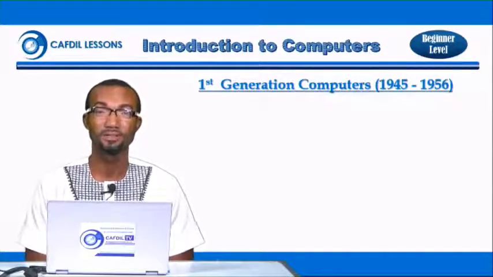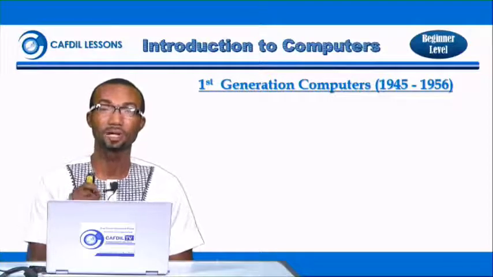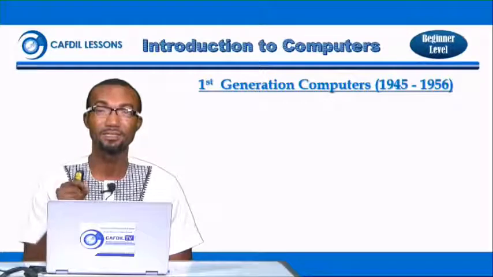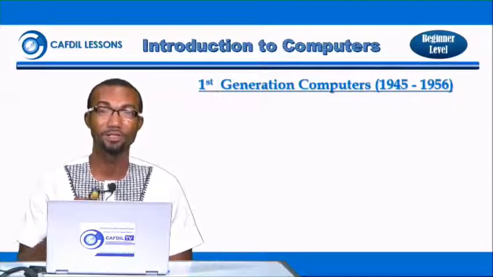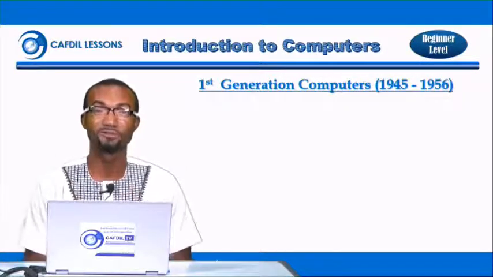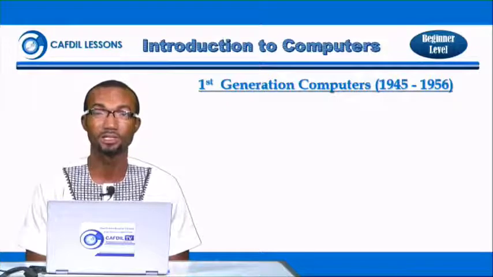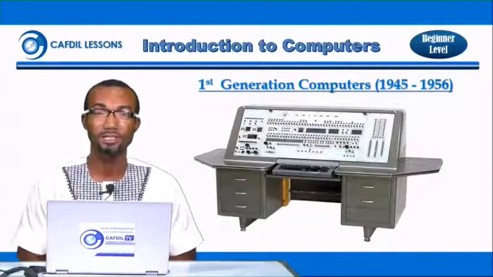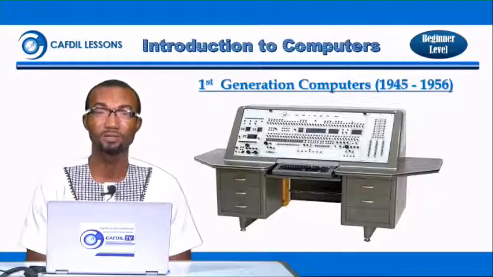Now, the first generation computers came around 1945 and lasted till 1956. That was the period first generation computers were used. On your screen, this is how the first generation computer looked.